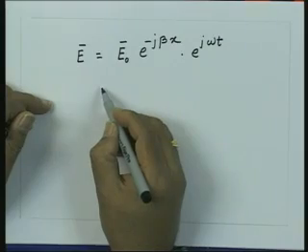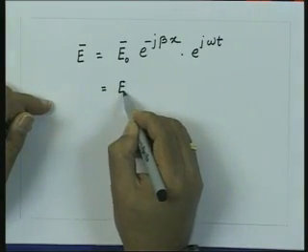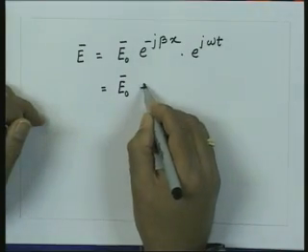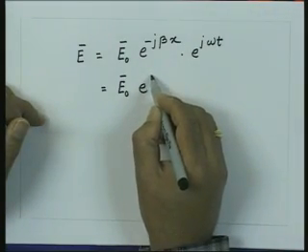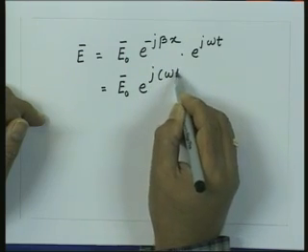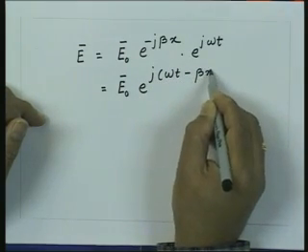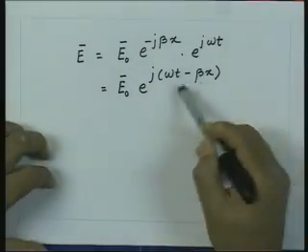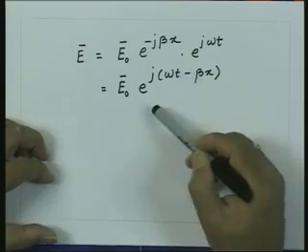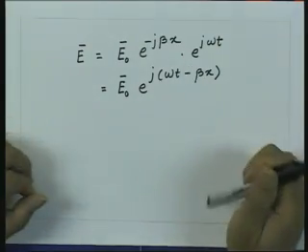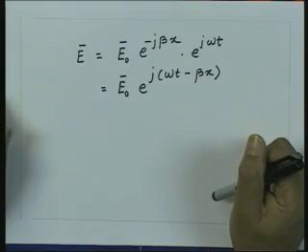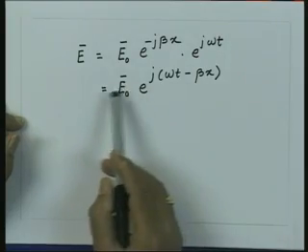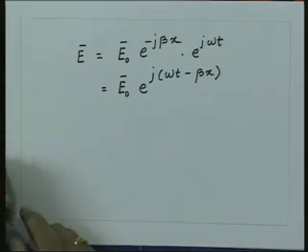I can combine this to get the amplitude vector E0 e to the power j omega t minus beta x. And as we have seen earlier, this phenomenon essentially represents a wave phenomenon, the wave is travelling, and in this case when we take minus j beta x, the wave is travelling in the positive x direction, that we have already seen.